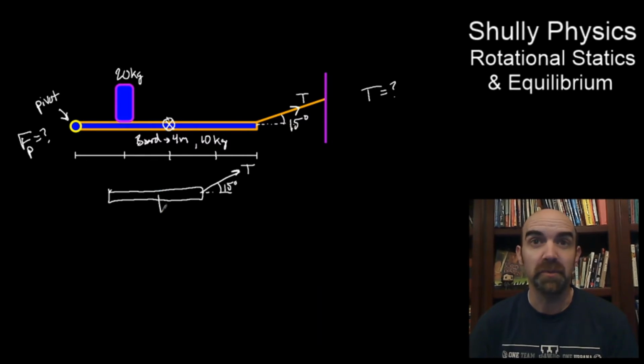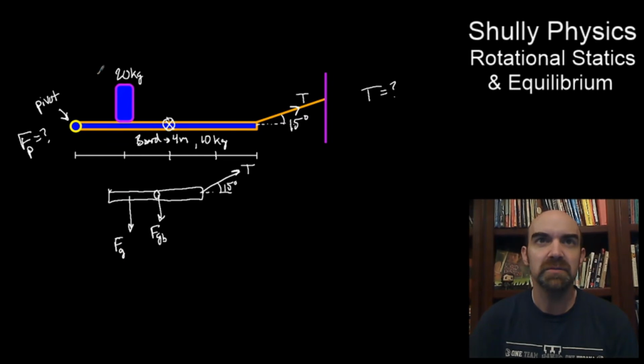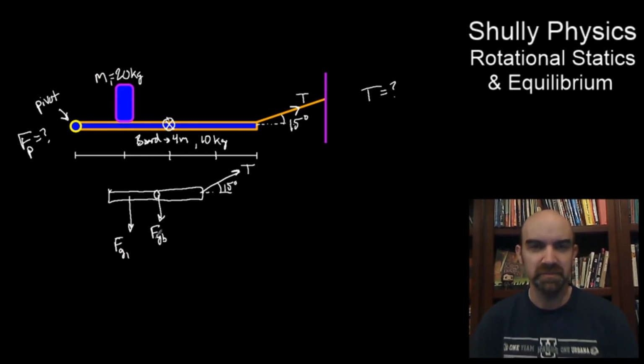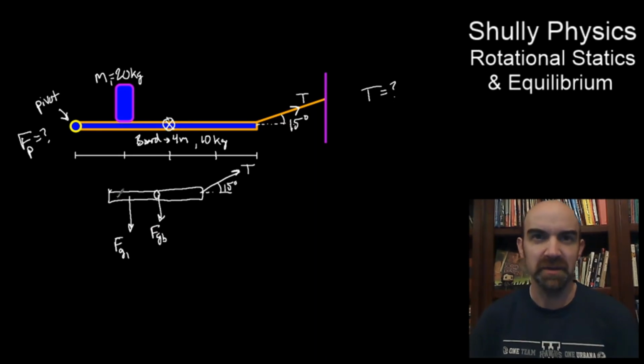There's the weight of the board, force of gravity, or the weight of the board, acting at the center there. There's a weight of this 20 kilogram mass. I'll call it FG. There's only one mass here, but it's a little easier way to handle that.